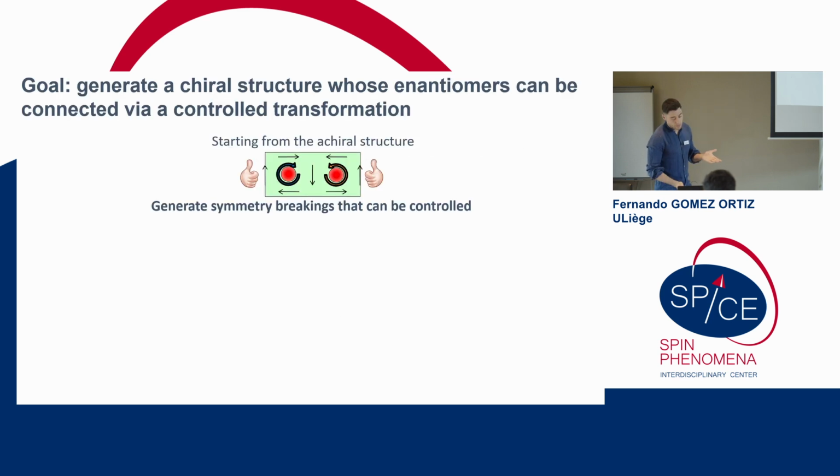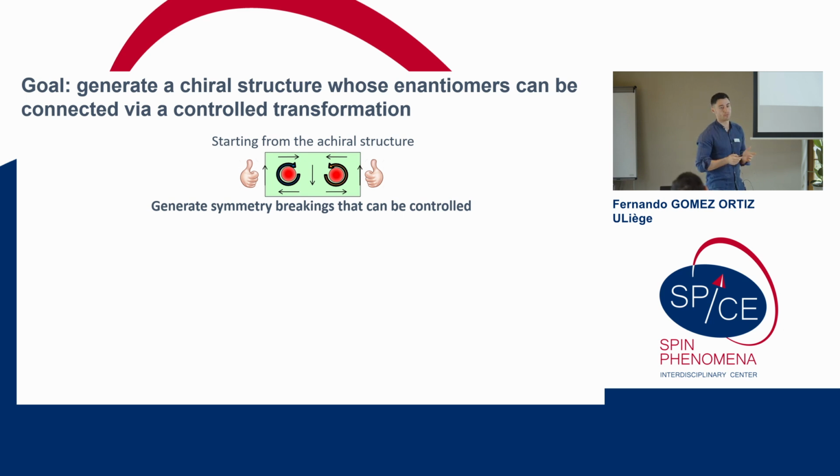And this is the problem that we faced one or two years ago, the problem of controlling this chirality. So we started from a different perspective. We started from the achiral configuration where the handedness of the two vortex tubes cancels out. And the idea was to generate some symmetry breakings in this structure that could be controlled by means of homogeneous electric fields. And these symmetry breakings would generate chirality.